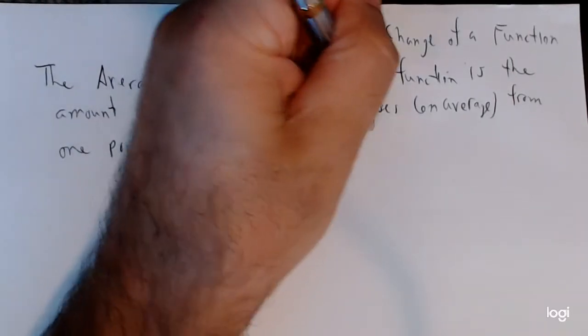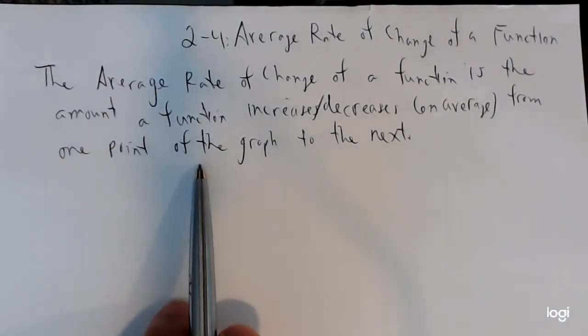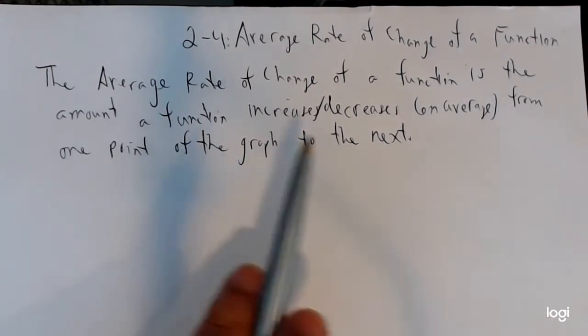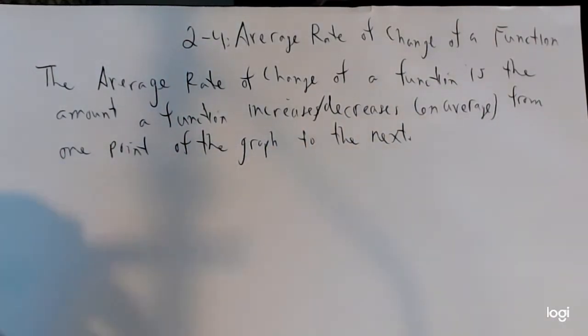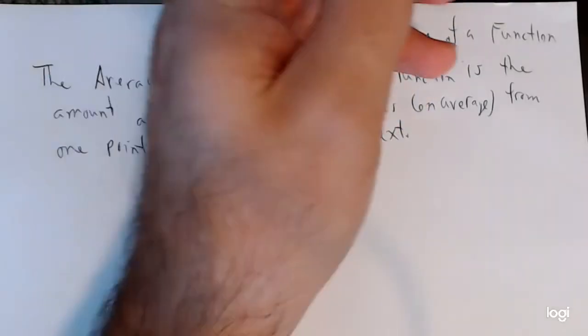So in other words, what we want to know is, I'm going to give you 2 points of this function, and we want to know on average, is it increasing or decreasing, and by how much, right? So I'll also show you a picture that will show what's happening here.